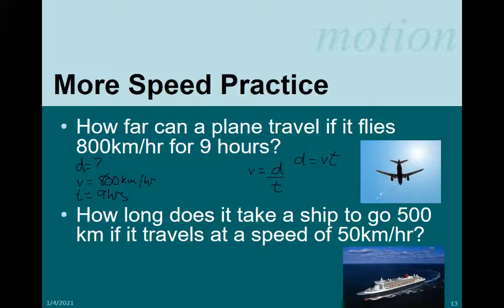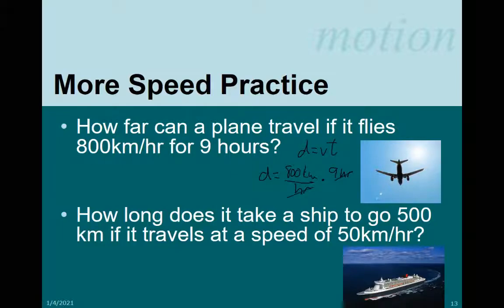Okay, so if we're going to use d equals vt, we have d is equal to 800 kilometers per hour. Notice I'm setting it up like we did when we were doing dimensional analysis, and we're multiplying that by 9 hours.